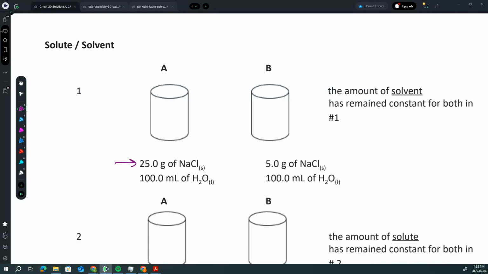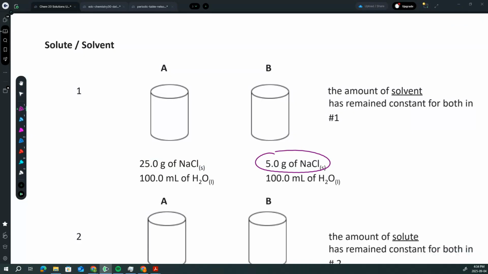The reason why we know that sodium chloride, which is just table salt, is the solute is because in both cases there's less of sodium chloride compared to water. But if we compare the amount of sodium chloride in both, despite having the same volume, we have more solute in solution A compared to solution B.